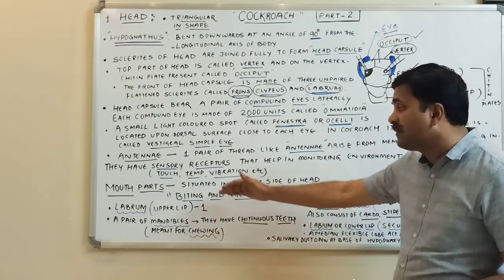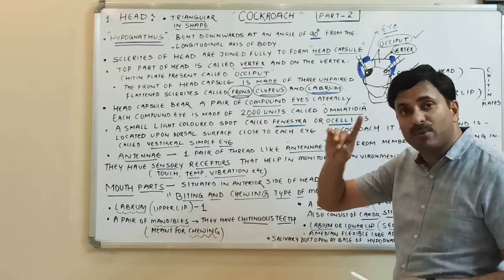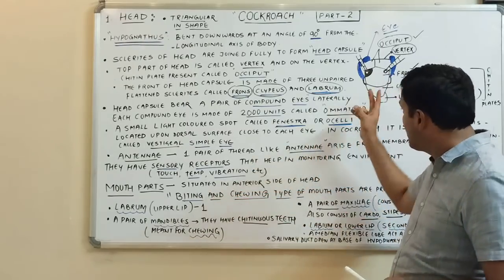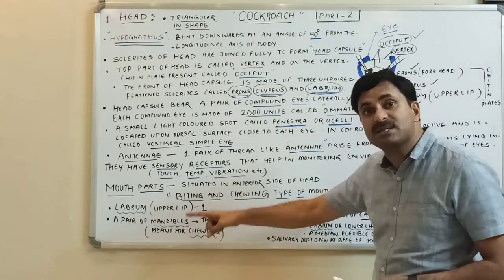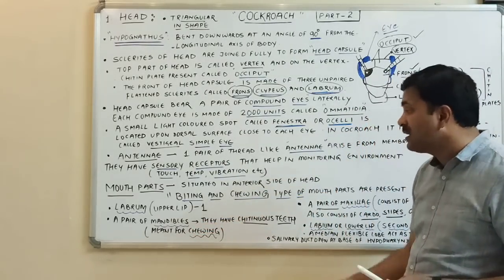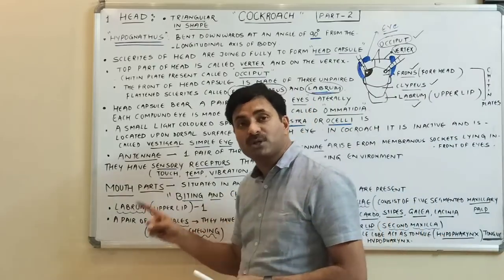Again I am repeating, it has a labrum or upper lip, one in number, and on the lateral side of the labrum, a pair of mandibles with chitinous teeth, because of which they are meant for chewing.